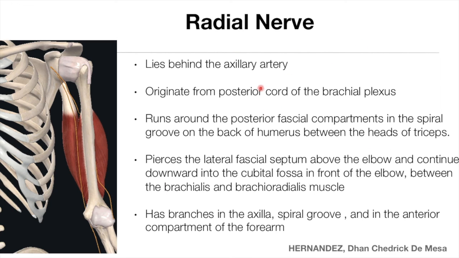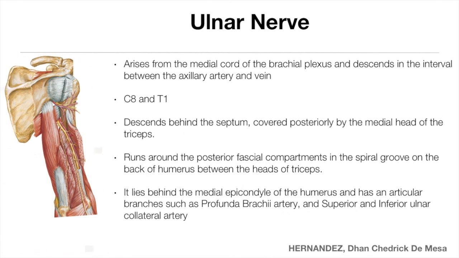And then we also have the radial artery and the ulnar artery, which arises from the medial cord of the brachial plexus and descends in the interval between the axillary artery and vein. Be very wary because in this display, this nerve is the radial nerve, and the ulnar nerve actually cannot be seen in this illustration.